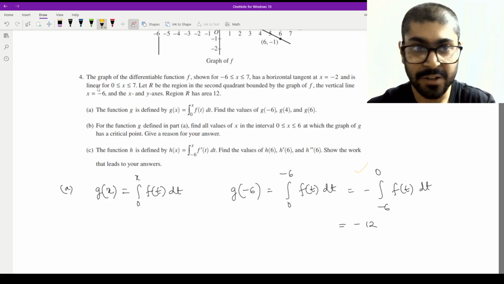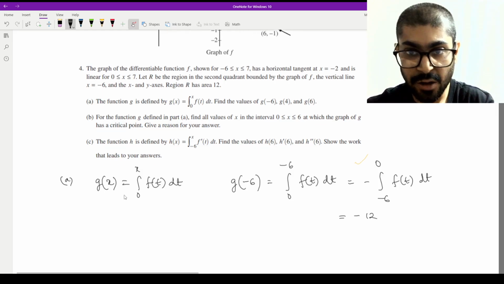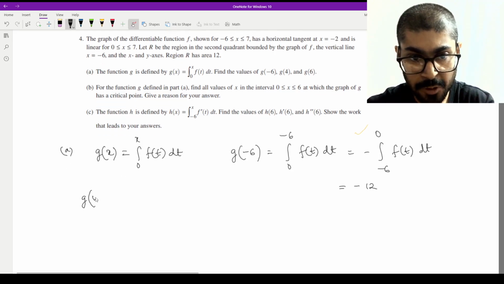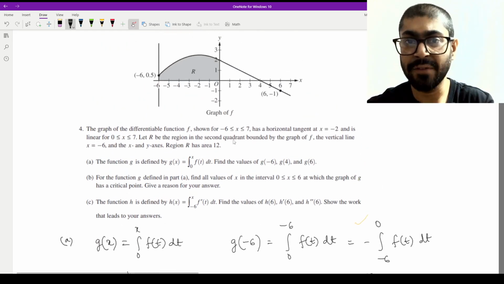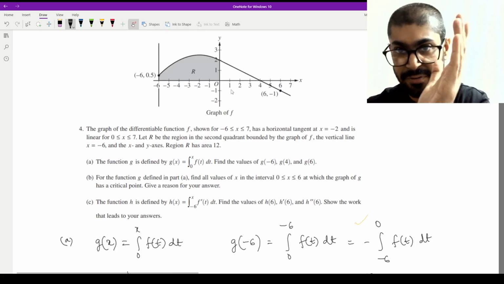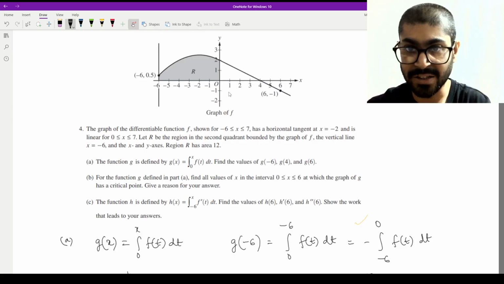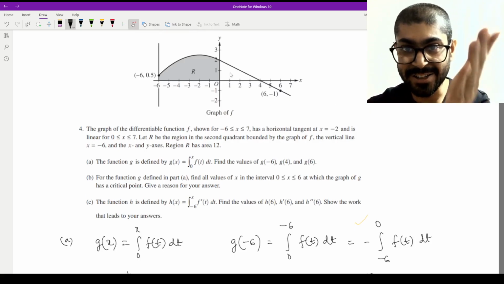Fine, let us look into the next part. The next part is g of 4. Now here we do not have to reverse the integral, right? Because this is the integral from 0 to 4 of f(t) dt. Now from 0 to 4, in the first quadrant f(t) becomes a linear function, right? So from 0 to 4 we can clearly see that this is a triangle.